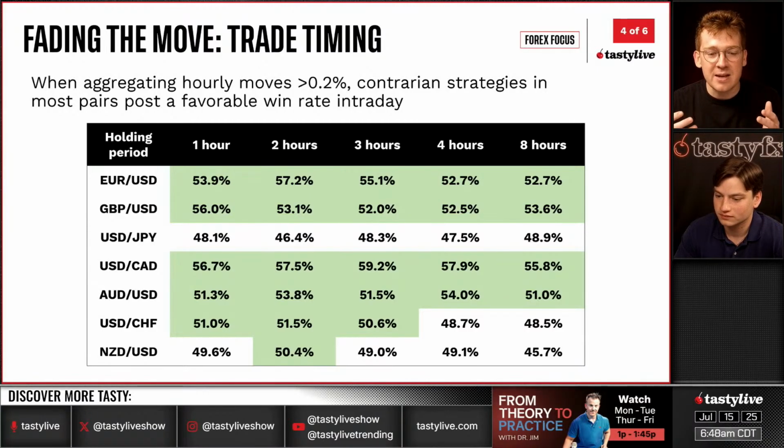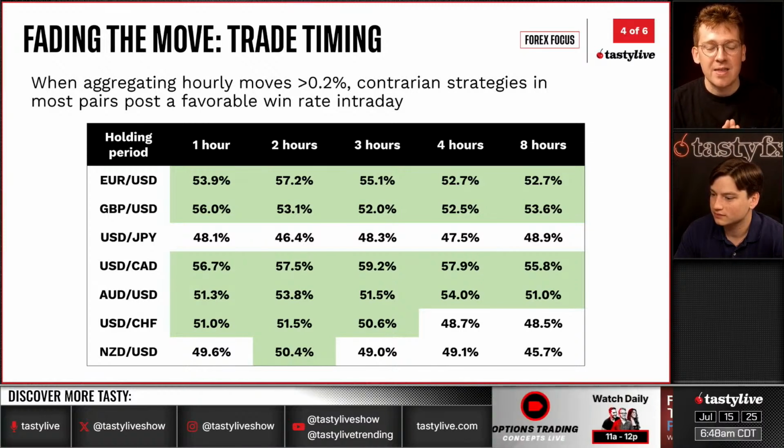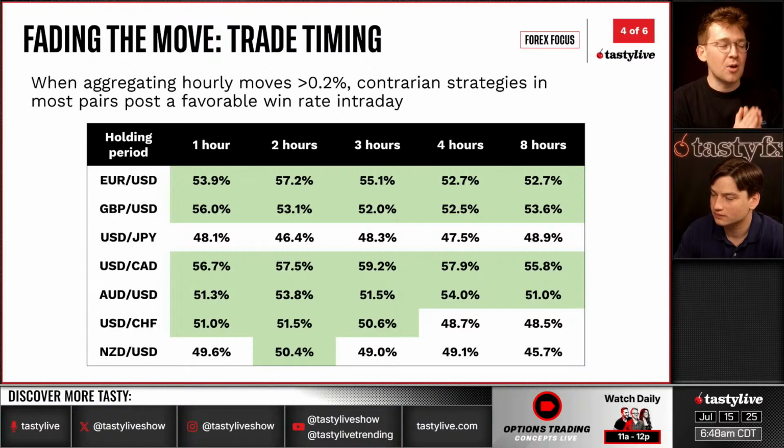Pound, the peak is the next hour. CAD, the peak is the next 3 hours. Australia, the peak is 4 hours, but 2 hours and 4 hours are pretty much the same number there. Right. And on down the line, there is no market here that tells you the longer I hold this thing, the greater chance I have of reversing this move.